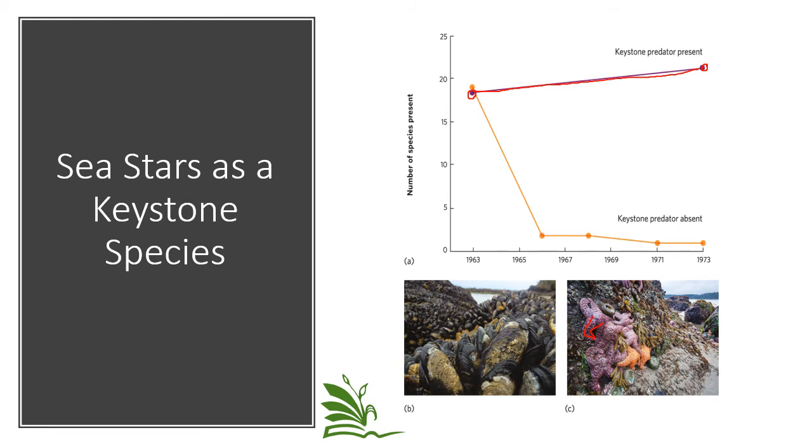In contrast, if the researchers went to a second community and removed all the sea stars from that community and kept visiting to make sure there were no sea stars returning, what they noticed was a radical drop in the number of mollusk species present in that environment. So the researcher didn't destroy any mollusk species. It's just simply that the keystone predator, that sea star, was actually maintaining dynamics between the mollusk species so as to maintain high species diversity.